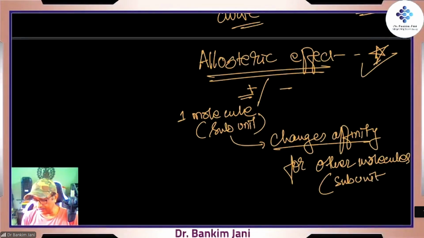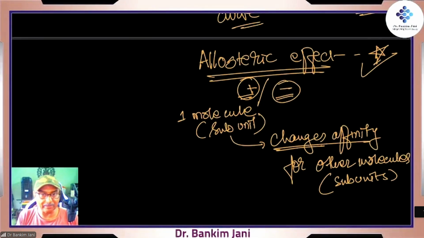When we say it changes, it can either increase the affinity or decrease the affinity. If it increases the affinity, it is called the positive allosteric effect or cooperative. If it is decreasing, then it is called the negative allosteric effect.